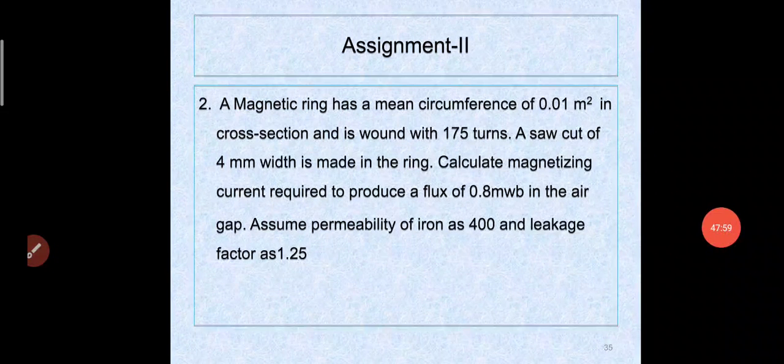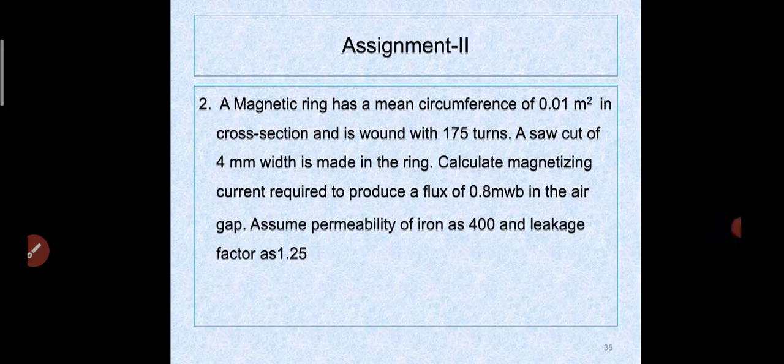And the next problem: a magnetic ring has a mean circumference of, 0.01 meter square in cross section and is wound with 175 turns. A saw cut of 4 mm width is made in the ring. Calculate the magnetizing current required to produce a flux of 0.8 milliwebers in the air gap.